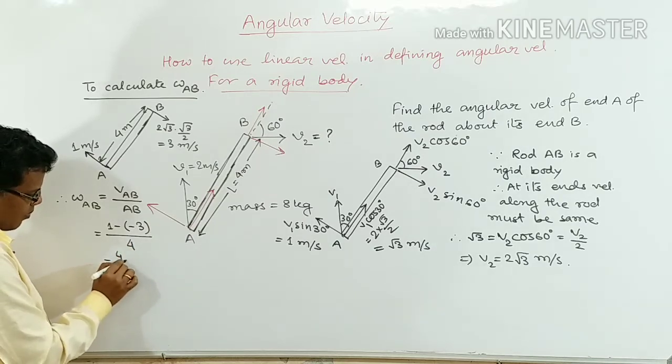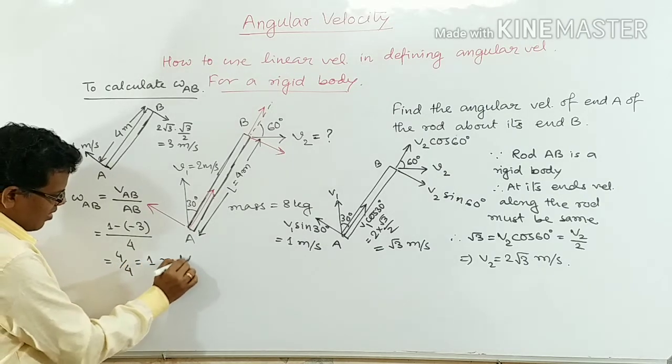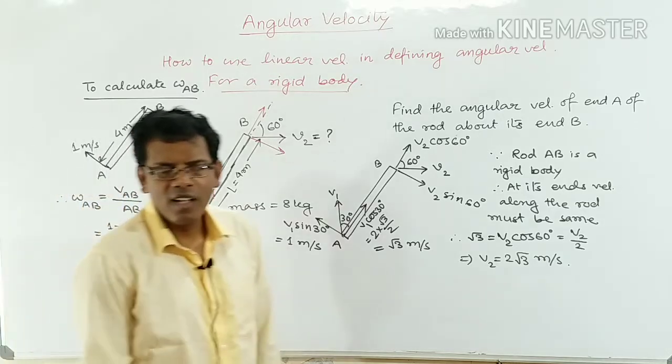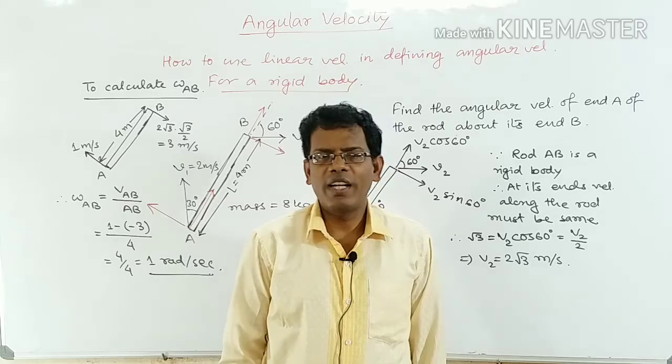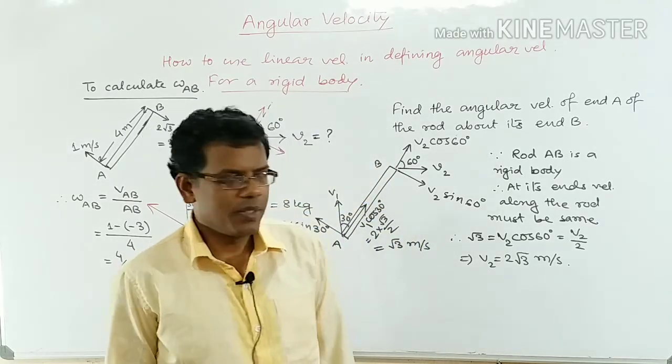So it is 4 by 4, which is 1 radian per second. So the angular speed of the rod at end A about end B is developed as 1 radian per second.